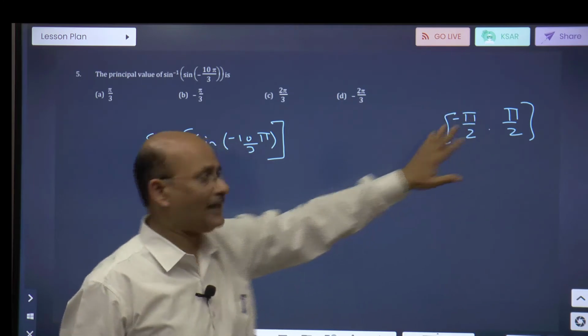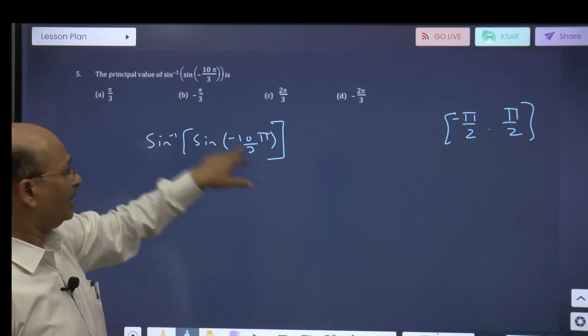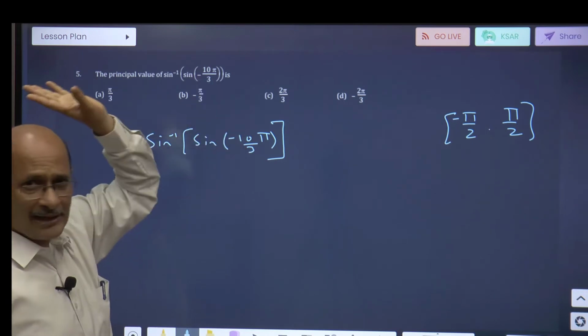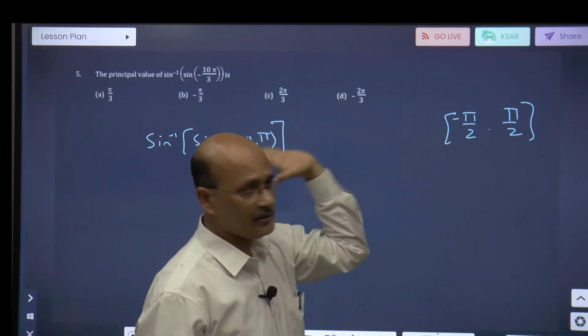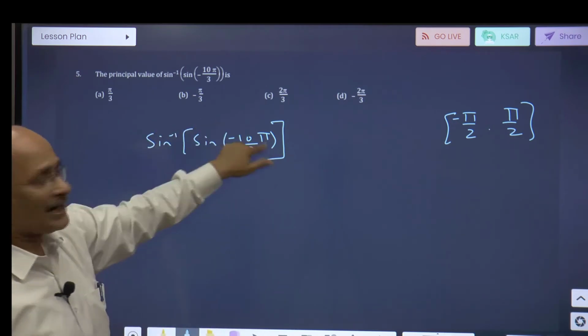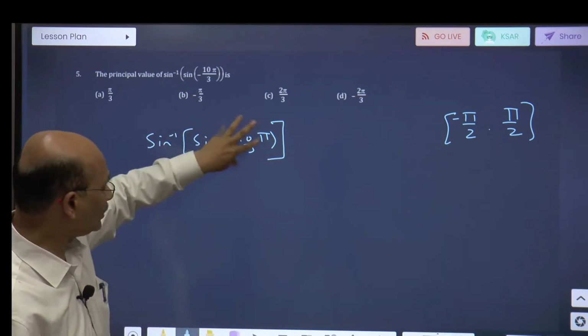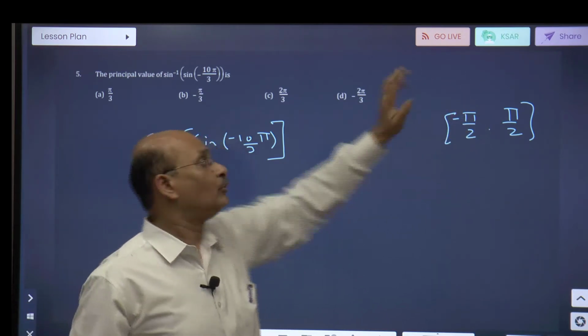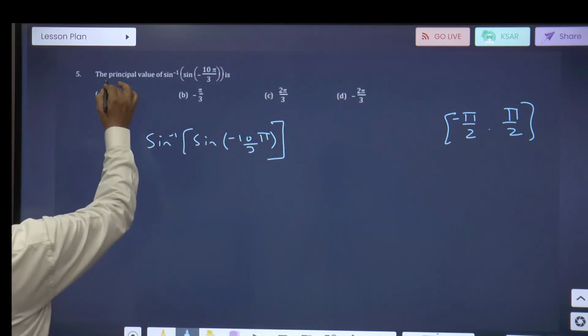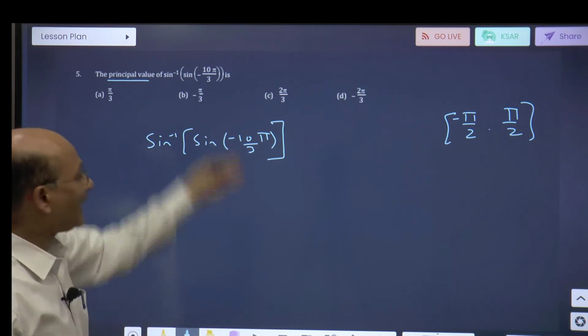But 10 pi by 3 is 600 plus degrees, so I can't deal with it directly. You can't write sine inverse of sine x as x directly. You have to do some adjustment and bring that angle within the principal value. Remember this, that's why they are asking you to find the principal value, not a direct working.